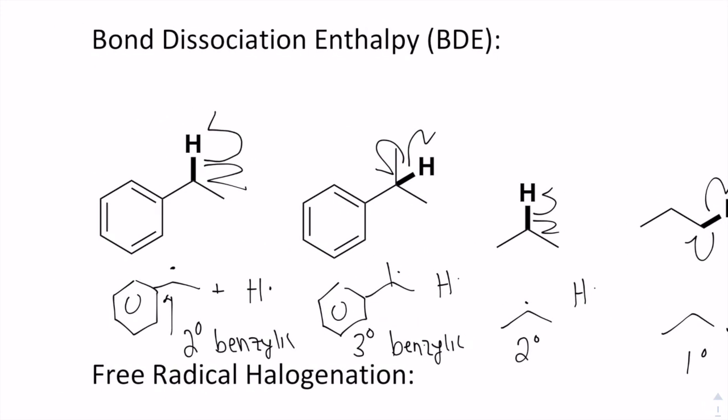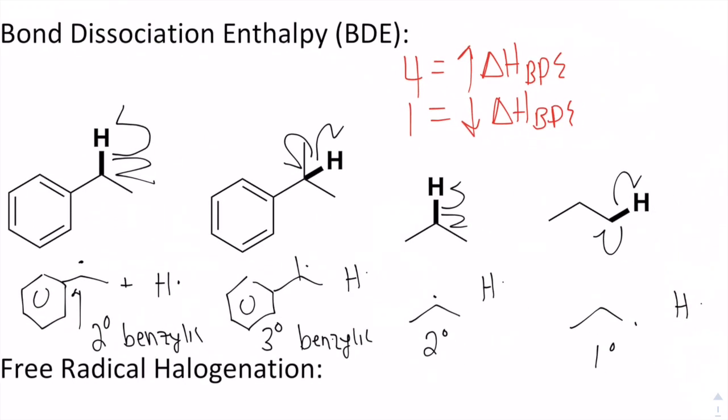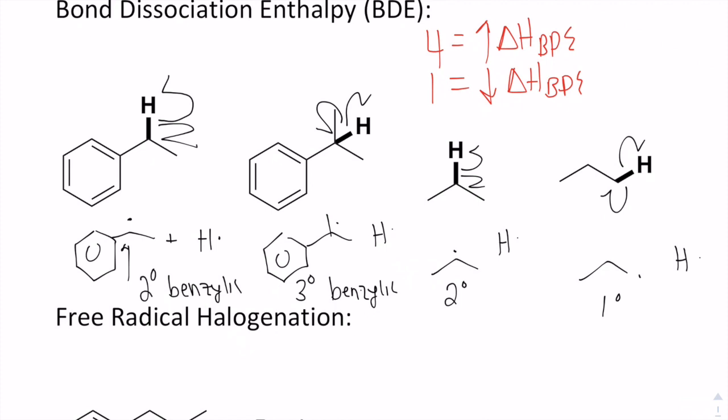dissociation enthalpy. If I say 4 equals the highest bond dissociation enthalpy, and 1 equals the lowest, we could rank them as follows. This one would have the lowest bond dissociation enthalpy because we have a tertiary benzylic radical.